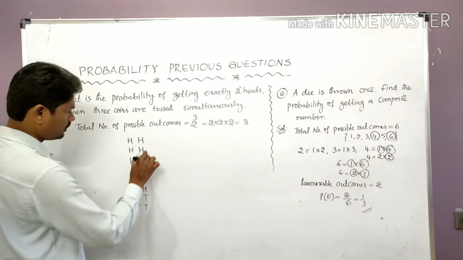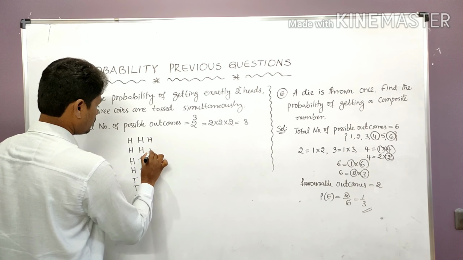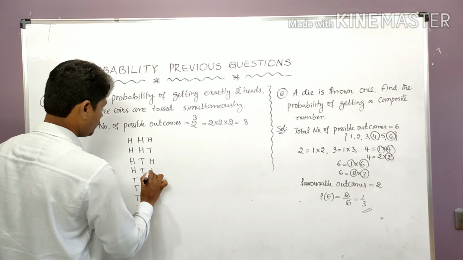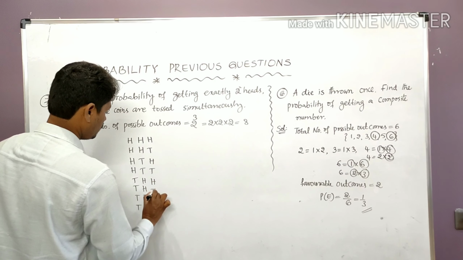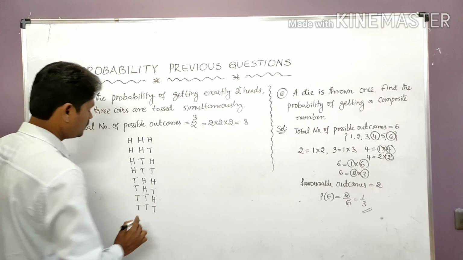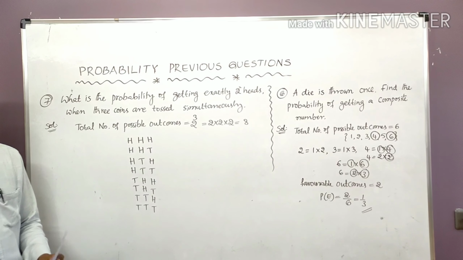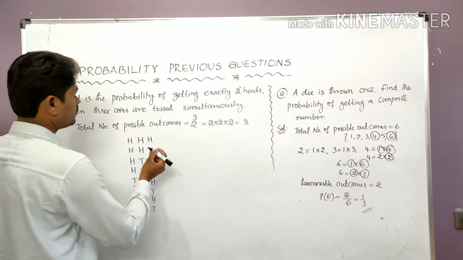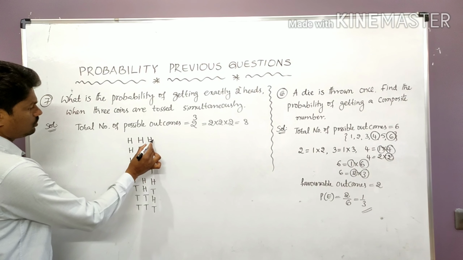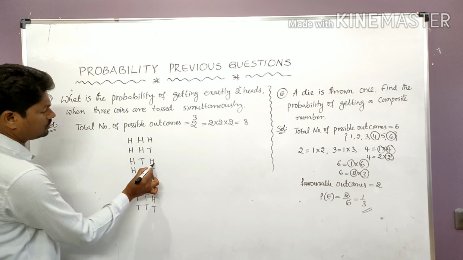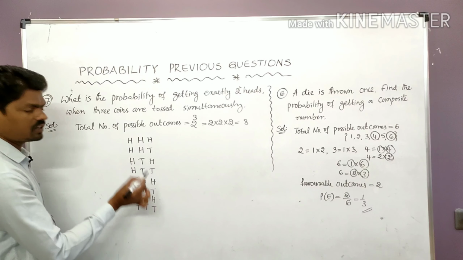Now we have to write head and tail with the third coin as well. So these are the 8 possible outcomes when 3 coins are tossed simultaneously. 1, 2, 3, 4, 5, 6, 7, 8.